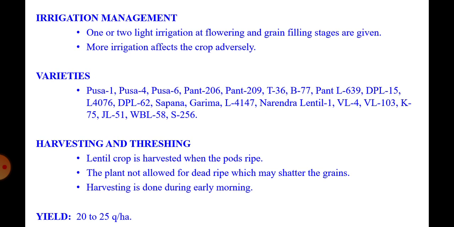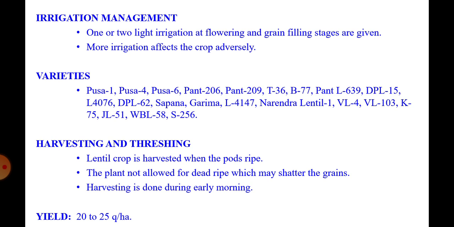Harvesting and threshing. The lentil crop is harvested when the pods get ripe. The plants are not allowed to become dead ripe, which may result in shattering of the grains and cause reduction in yield.